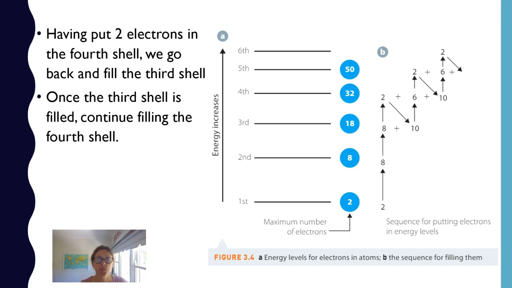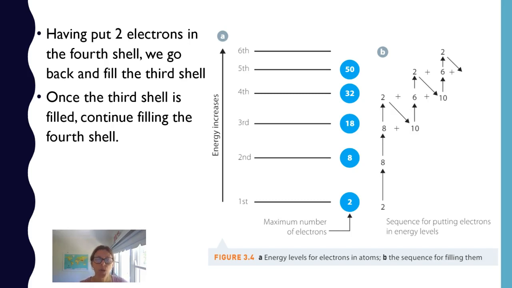So if we have a look, the first thing we do, which is what we have done in the past, is we fill our first shell. Our first shell has a maximum number of electrons of 2. So we pop our 2 electrons in. In our second shell, there is a maximum of 8 electrons, so we fill those 8. Now our third shell can fit 18 electrons.